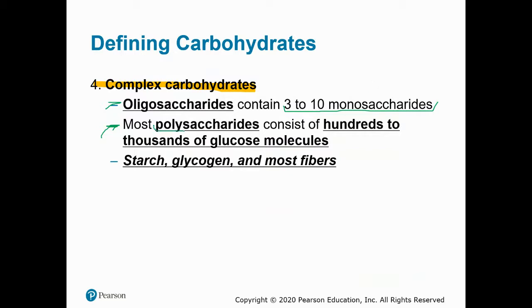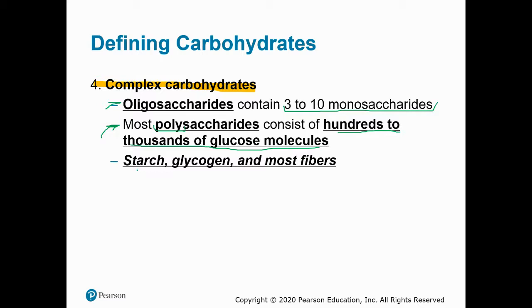Polysaccharide: poly means many, saccharide means sugar, so many sugars. There are hundreds to thousands of sugar molecules, or monosaccharides, that make up a polysaccharide. So hundreds to thousands of glucose molecules make up a polysaccharide.